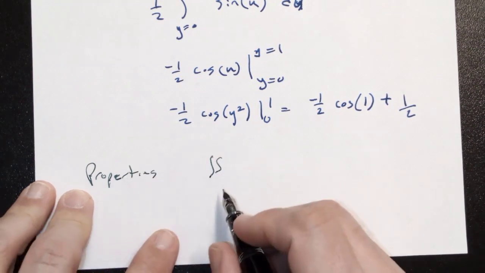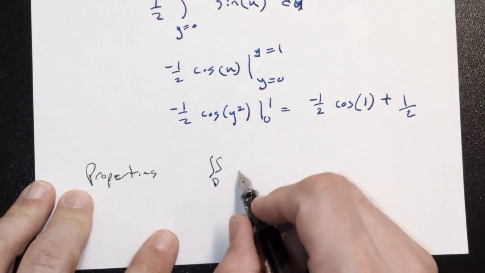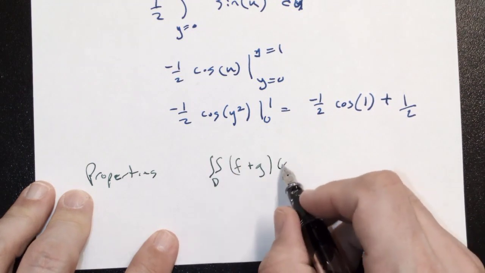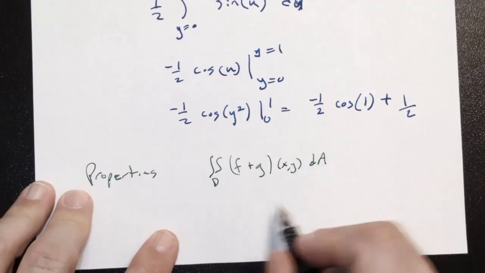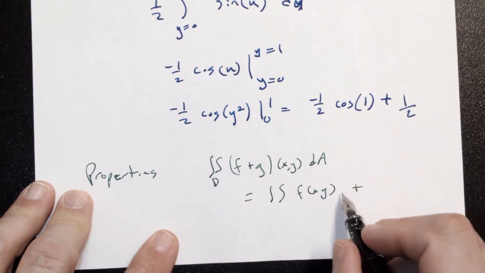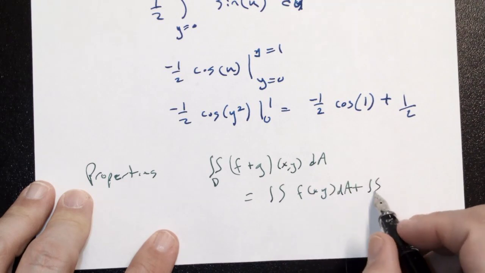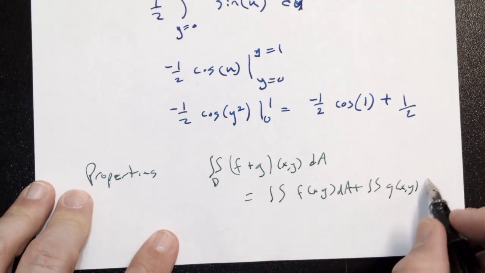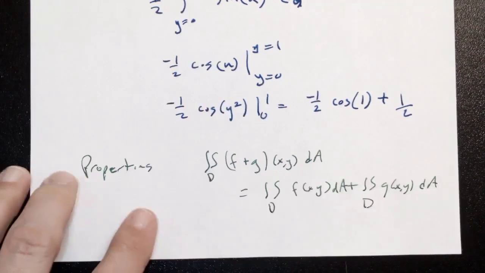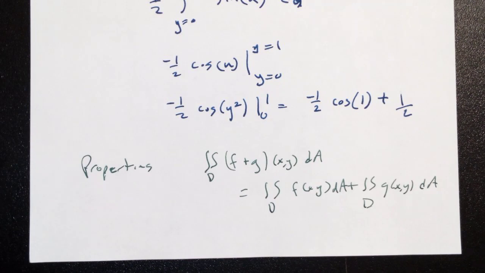If we have the double integral over some domain of f plus g of x y dA, that's the double integral of f of x y dA plus the double integral of g of x y dA, both over the same domain. So if you're adding, just add.